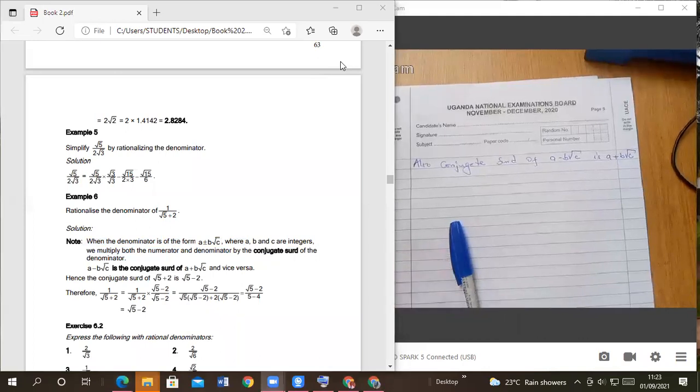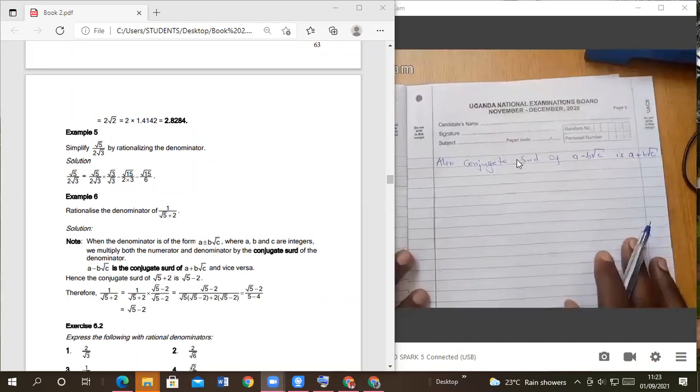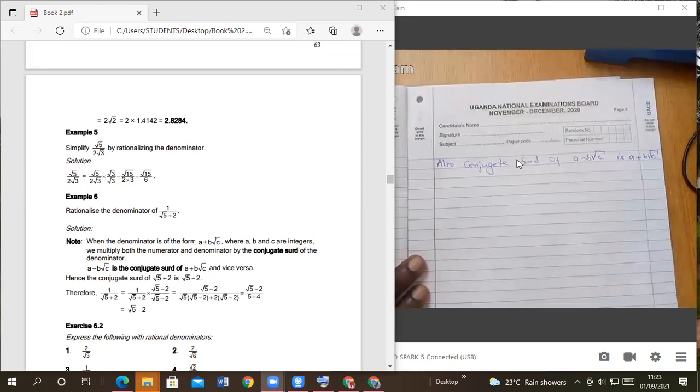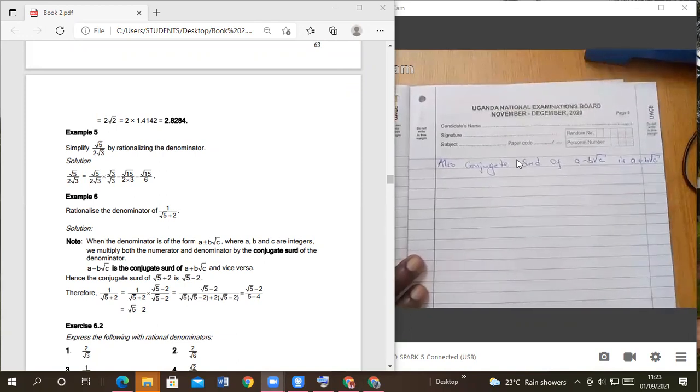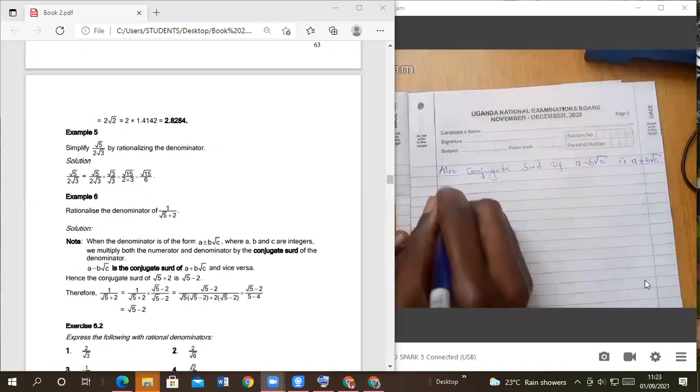Who can explain how do you get a conjugate side of a given denominator? Letitia, how do you get the conjugate side? Alexandra, how do you get the conjugate side? So the sign changes. Okay, good.